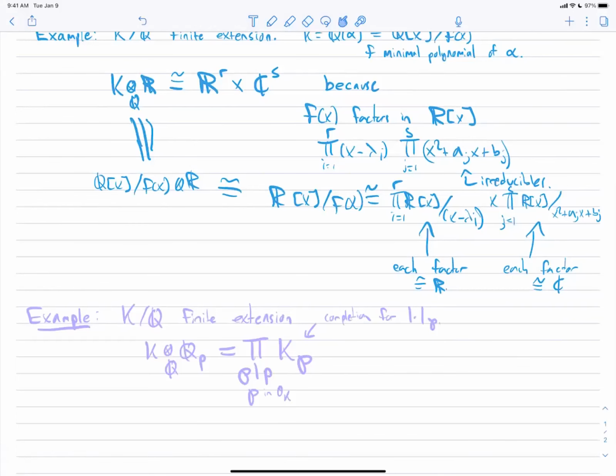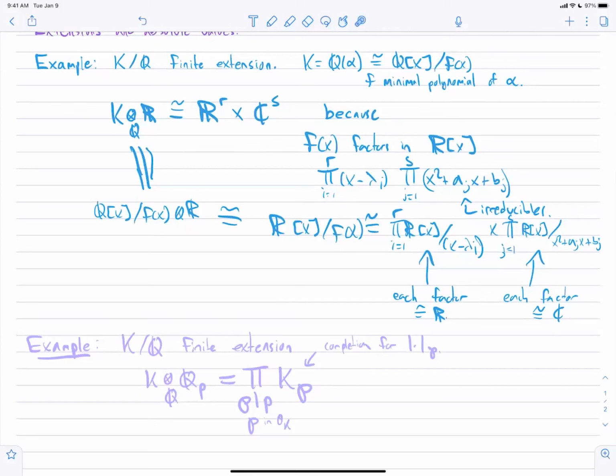And the reason for this: if we look back at the previous example of the Archimedean place, the reason we got such a nice simple description was because there's only a single degree 1 extension of the real numbers, namely itself, and a single degree 2 extension, the complex numbers.